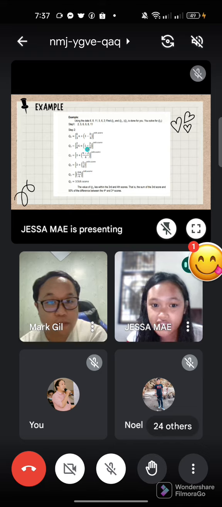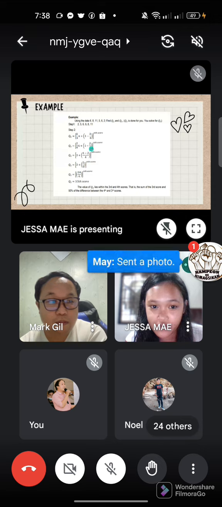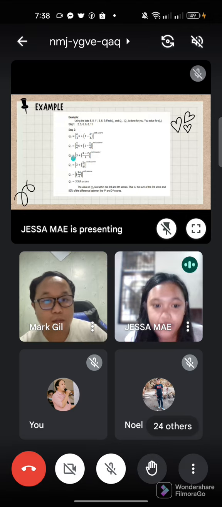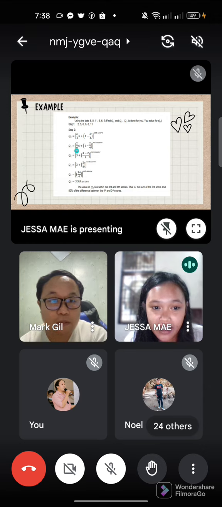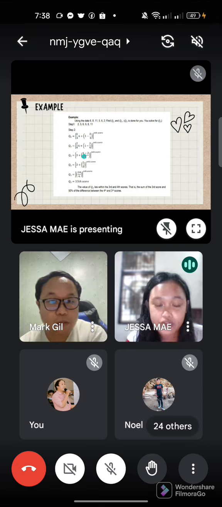Plus 1, minus 2 over 4. K is the quartile, and 4 and 1 are given in the formula. So, 2 over 4 times 6 equals 3, plus 1.